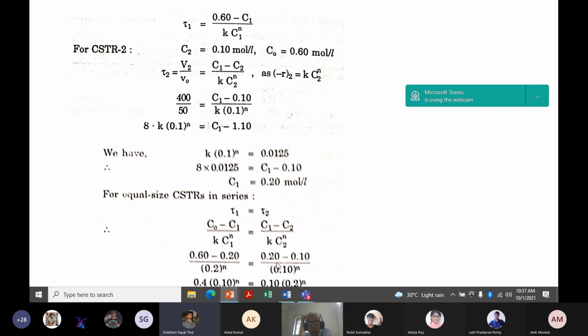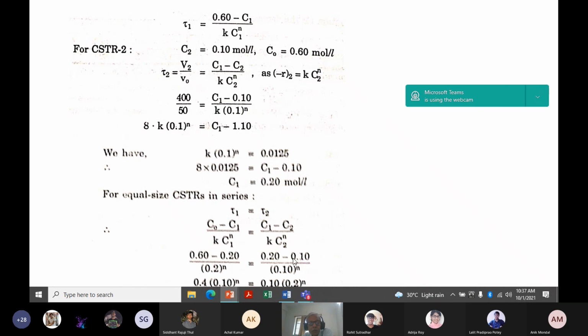Then you substitute in the mole balance of the second reactor. As tau1 is equal to tau2, you can equate the mole balances. The two mole balances are the same: C0 minus C1 by K C1 to the power n is equal to C1 minus C2 by K C2 to the power n.